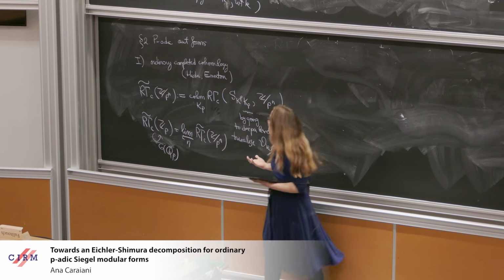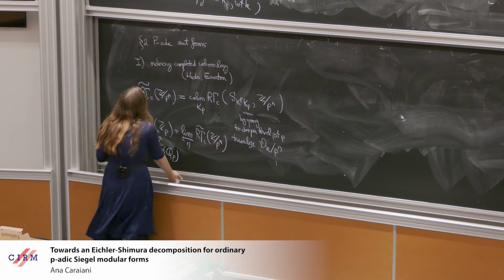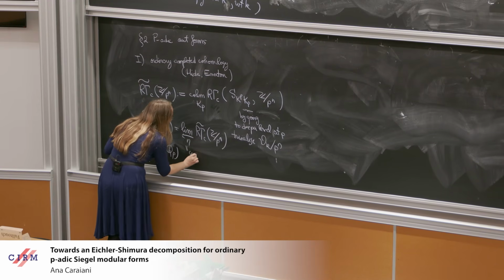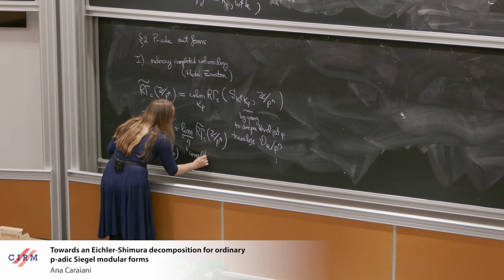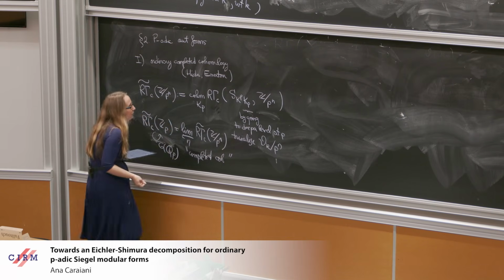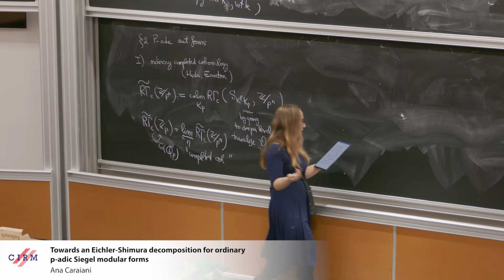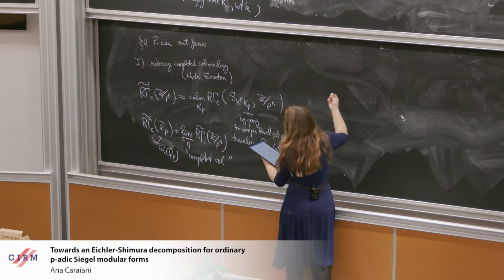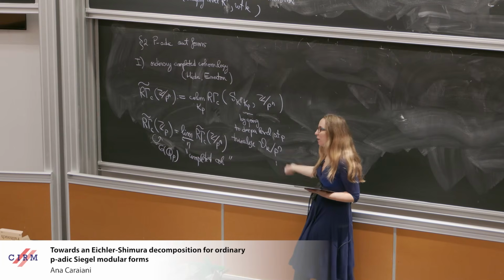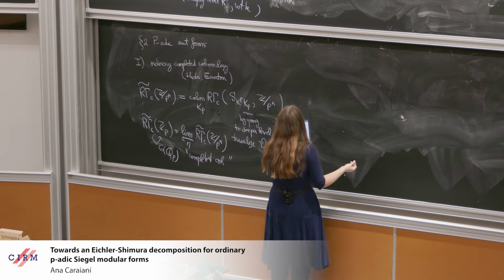But what I want to do is take maybe the simplest part you can hope to understand, which is the ordinary part. So this is the full completed cohomology, the full representation of G(Q_p). And then we apply to it Emerton's functor of ordinary parts, which is like an integral Jacquet functor in this L equals Q_p case.